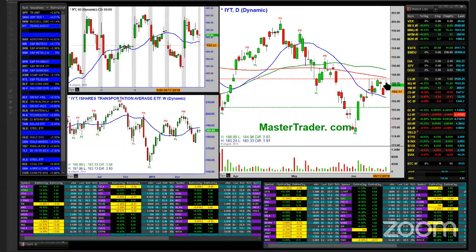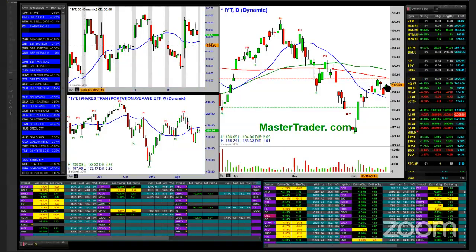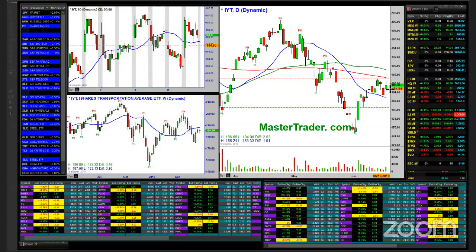Transports, they couldn't clear this high. So it's kind of the fly in the ointment, so to speak, in the bullish case that the transports are lagging here.